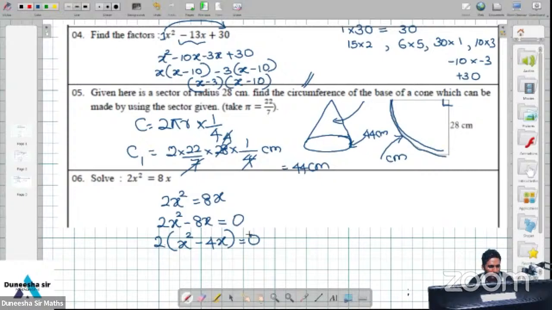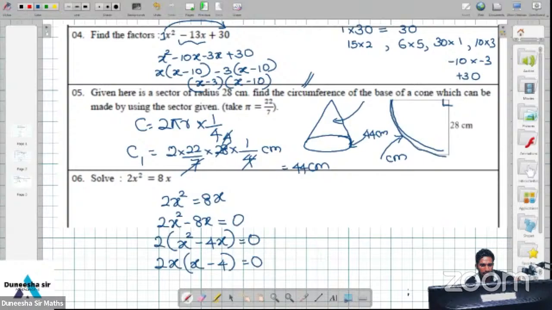What is the term? Can we take out x? Then x minus 4.